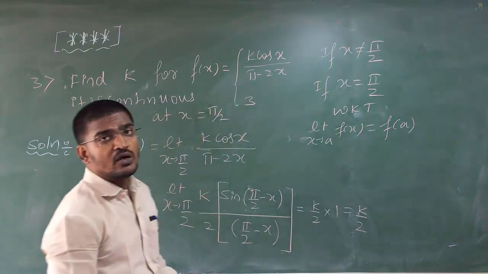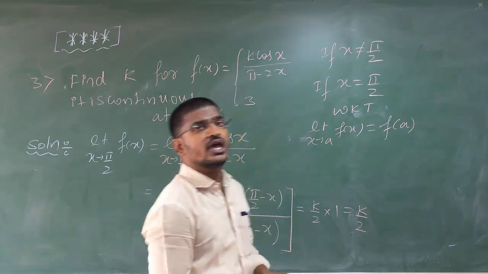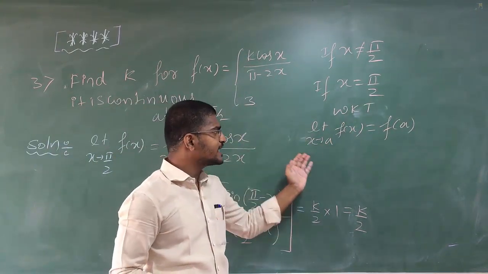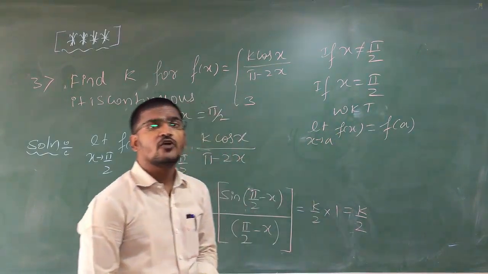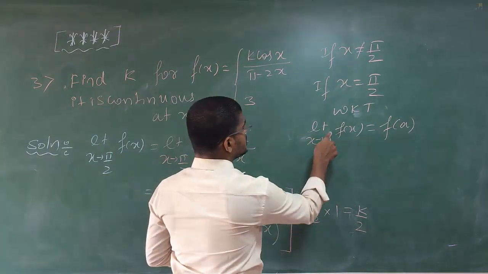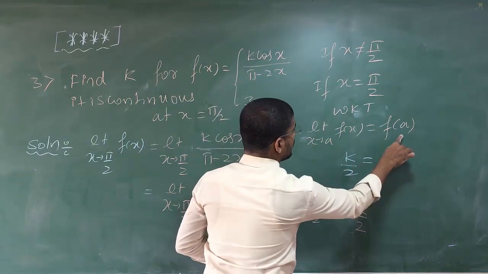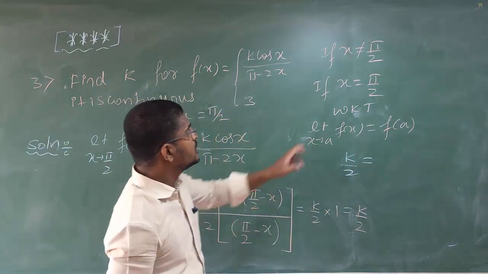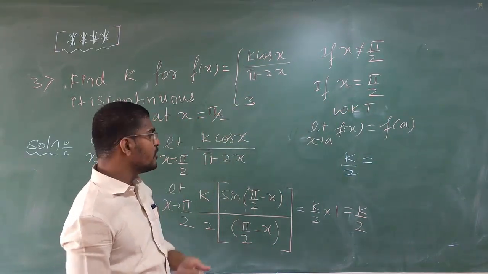This thing we know. In the previous problem, we wrote LHL, RHL and f of a. But here we are directly writing limit as x tends to a of f of x equal to f of a. So what is this term here? K by 2 equal to f of a. That means at x equal to pi by 2, this is how much? 3. That is your f of a.